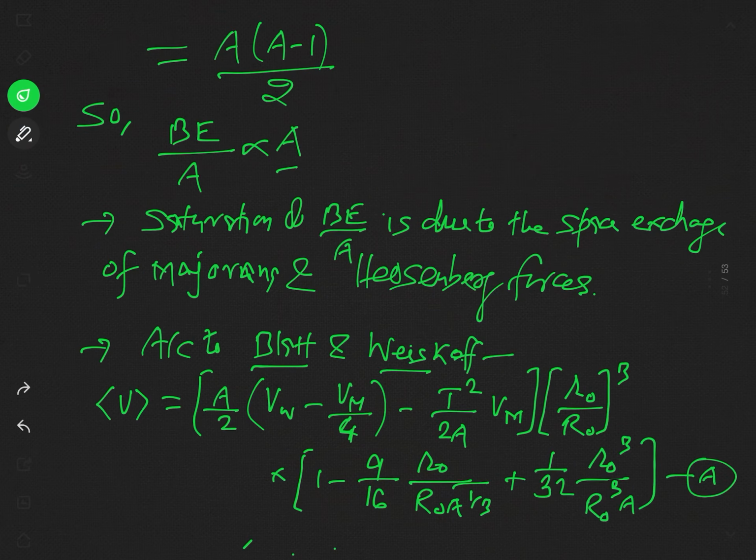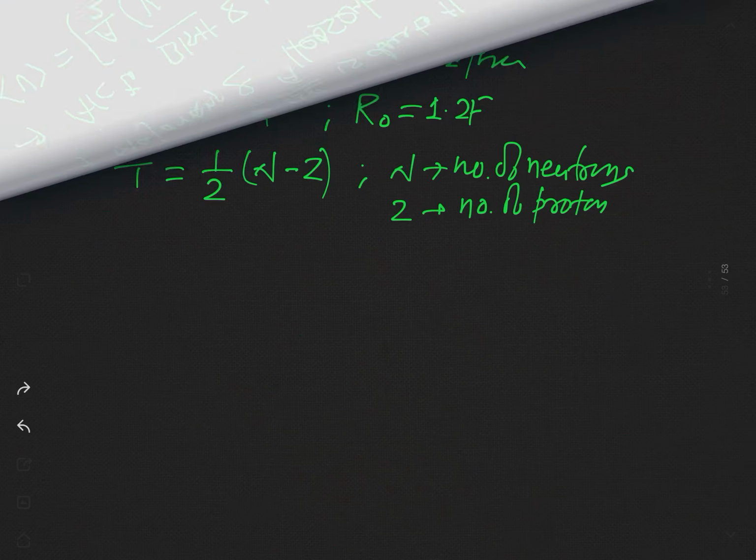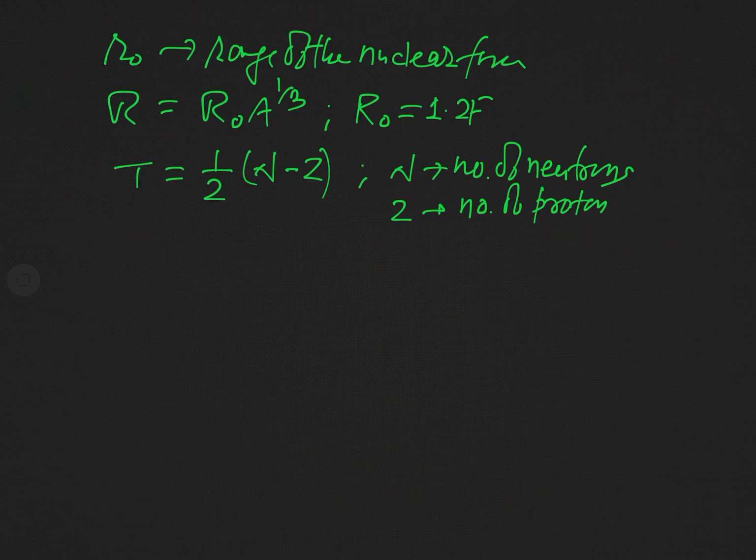Now see this equation, and if all the terms which have a smaller value in this equation A are neglected, then this equation A will be written in a very simple form.